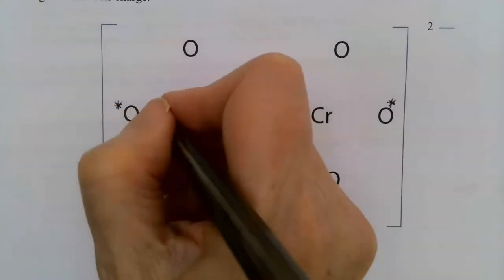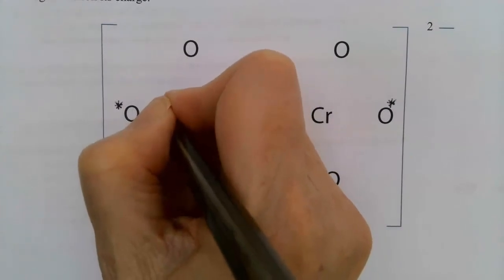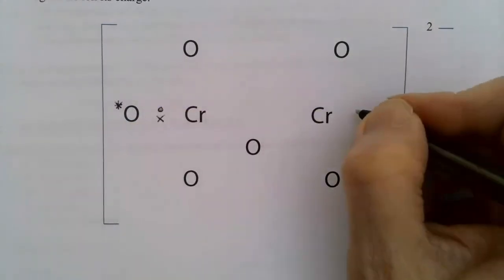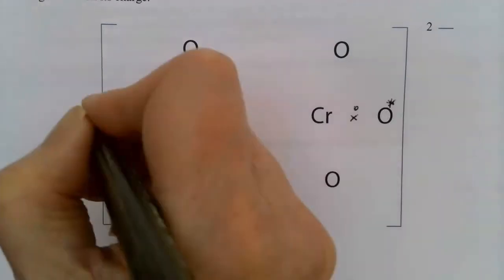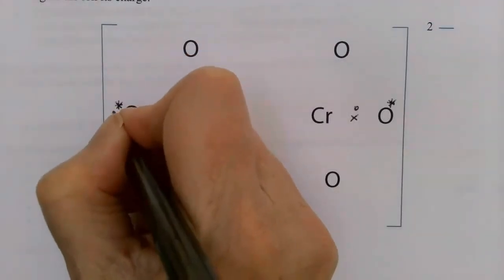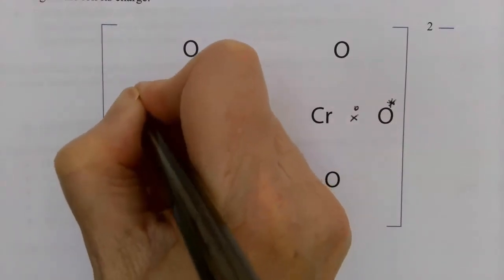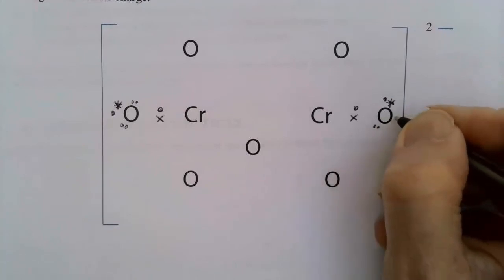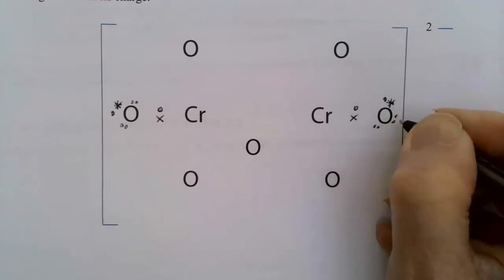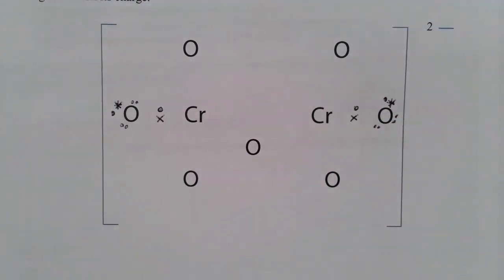Just as before, these oxygens will form a single covalent bond to the chromium, and they've still got their 2 lone pairs of electrons, and they've got a single electron which they've gained from somewhere else.